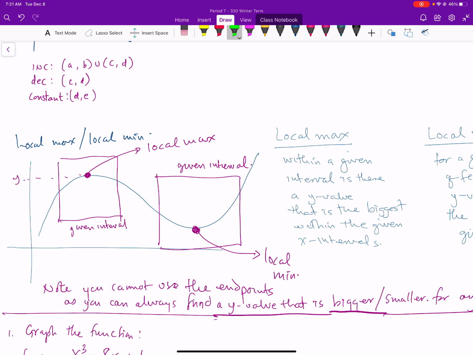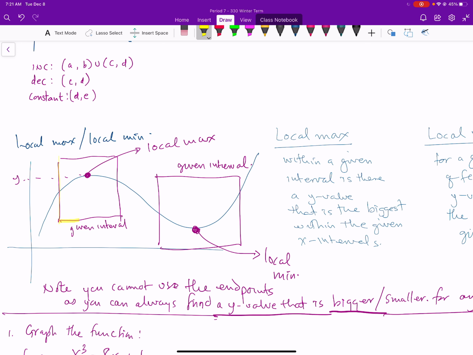And then when I'm looking at a local minimum, I'm looking at the lowest point that I can find on the graph. So the way we do this is that you look at a neighborhood on a graph. A neighborhood is like the box that I have over here.